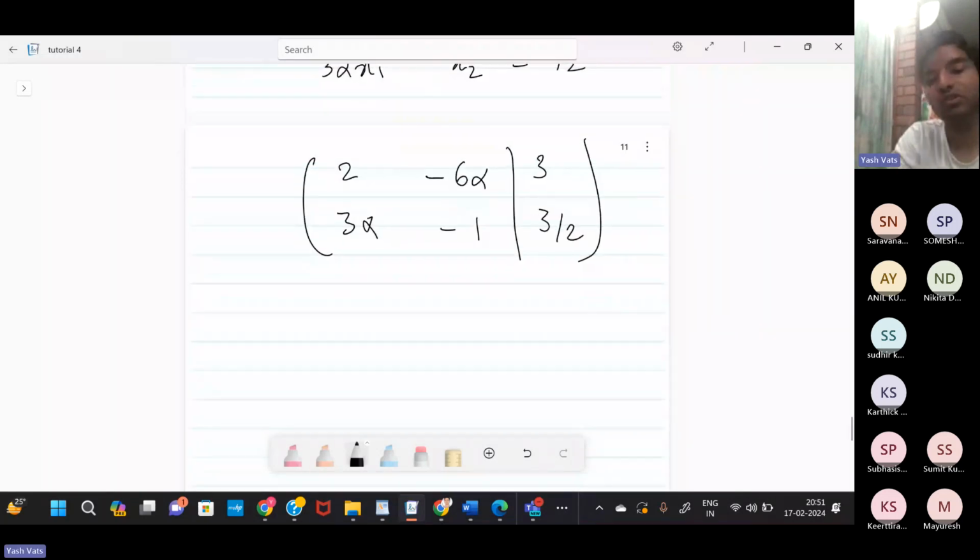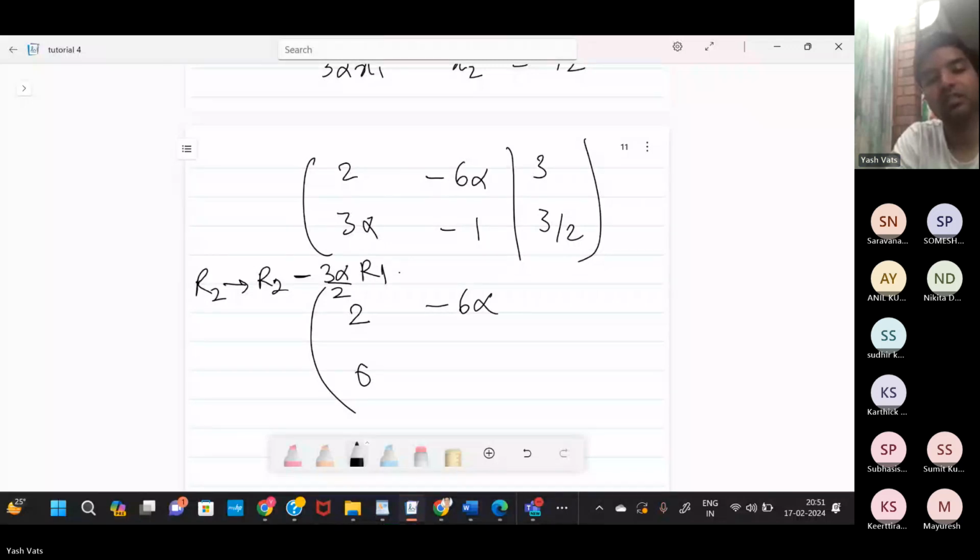What should be the operation to make it 0? R2 minus 3 alpha by 2 times R1. Is it right? Minus 1, and 6 times 3 gives 18 alpha square.